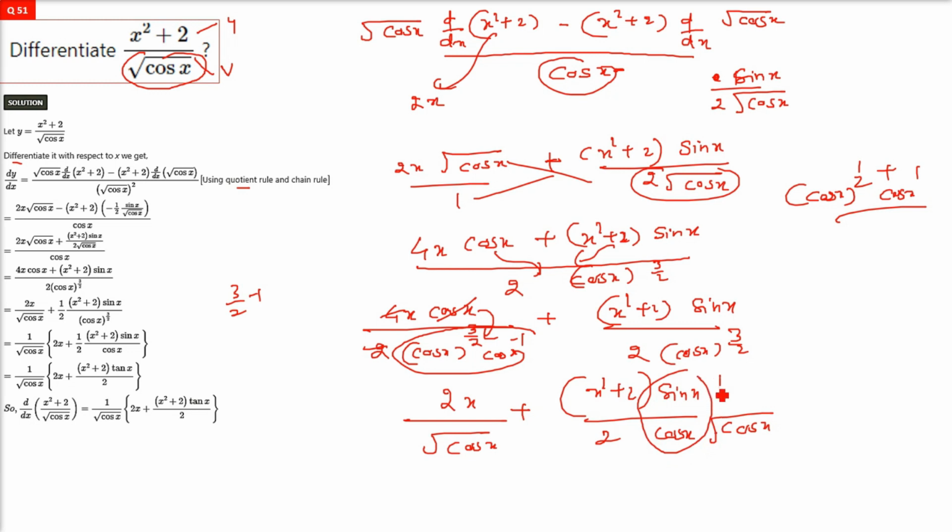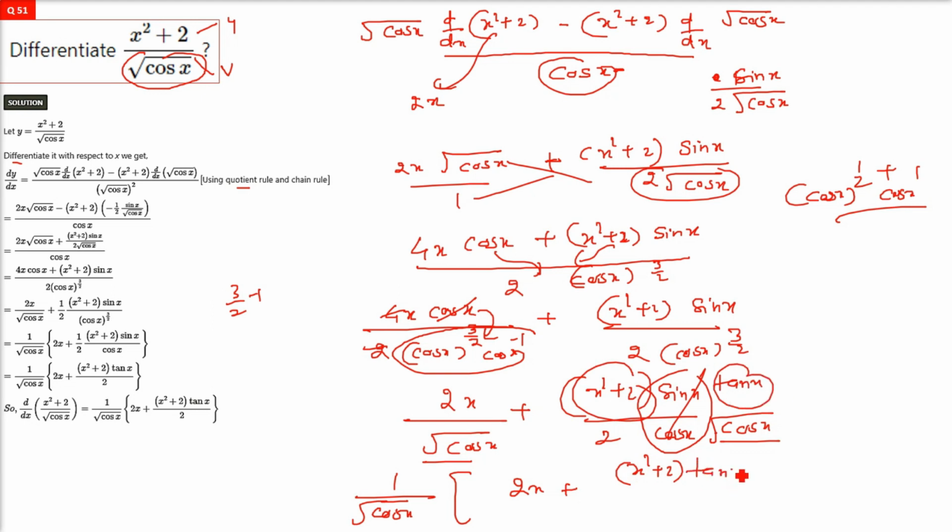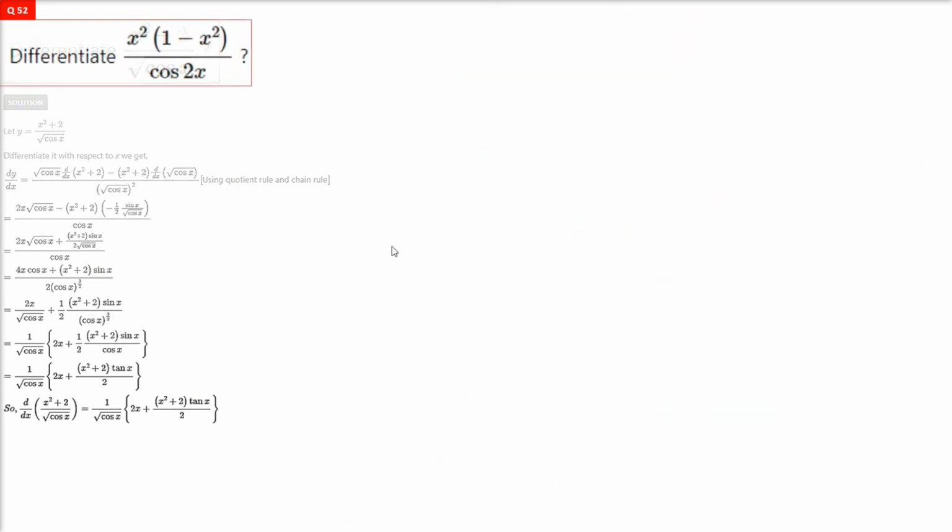Now sin x by cos x becomes tan x, and under root cos x is in the denominator. You can take it outside, 1 by under root cos x. This is 2x plus x square plus 2 into tan x, and then we have twice of, because under root cos x we have already taken out. This is the final answer.